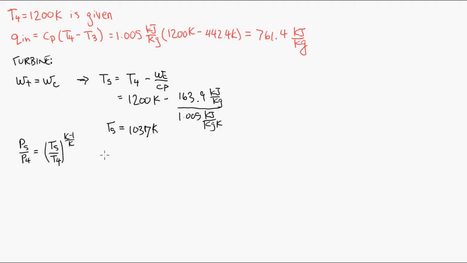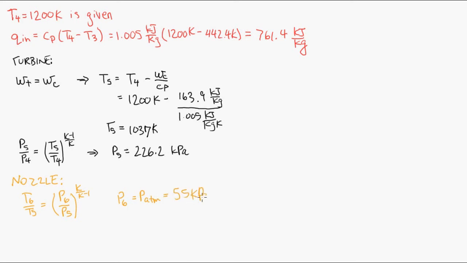Since it's an isentropic process, we can use this formula to find the pressure at state 5. That's the turbine exit pressure. Finally, the gas is accelerated and expanded out through the nozzle. So we know that P6 is the atmospheric pressure at the altitude we're working at, and that's 55 kilopascals.